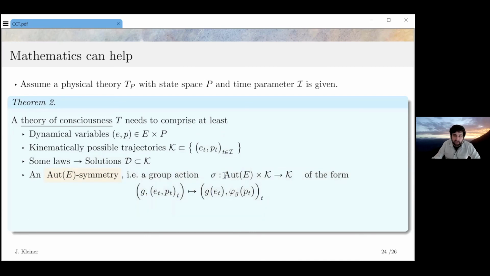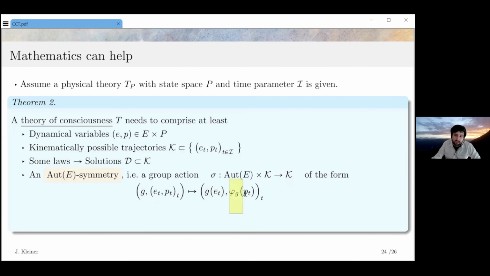You have a group action that takes a group element and a kinematically possible trajectory, and what it gives you is another kinematically possible trajectory. The form of this is like so: you have a group element, here's the trajectory, and then this group element transforms the state of consciousness according to the automorphism which g represents.